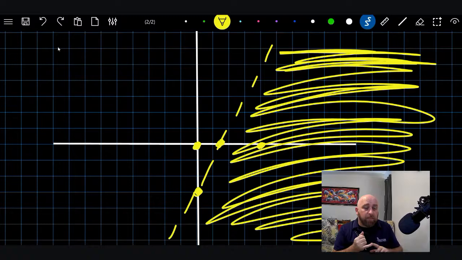You can graph by just random x and y points, you can graph by slope-intercept form, or you can graph by x and y intercept. That's the way that I did it. You can choose to graph however you want to, but graph it. Make sure you draw your line dotted or solid, depending on if it's equal to or not, and then test a point, figure out which one works, color in the side, then you're done.